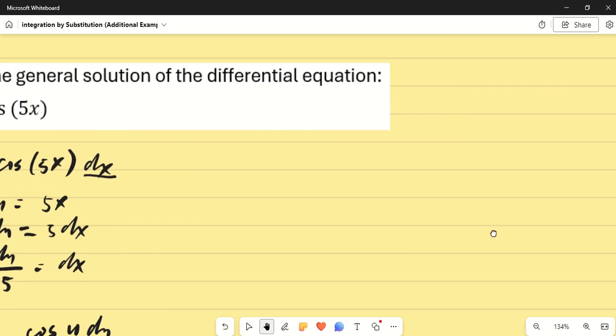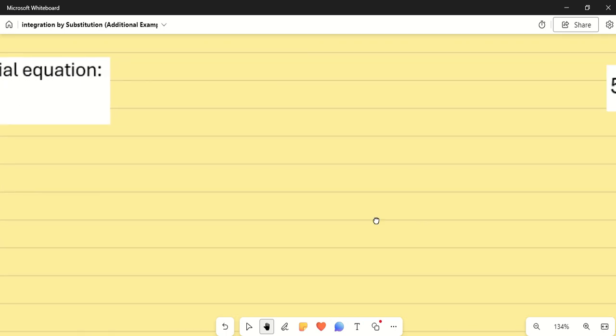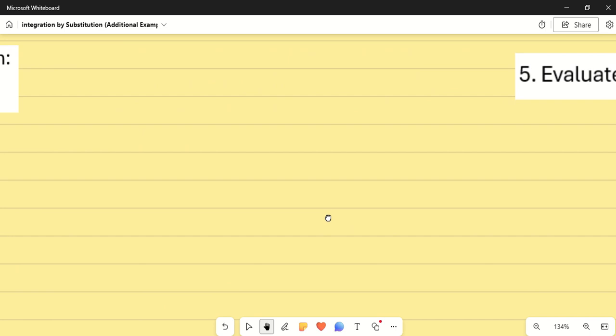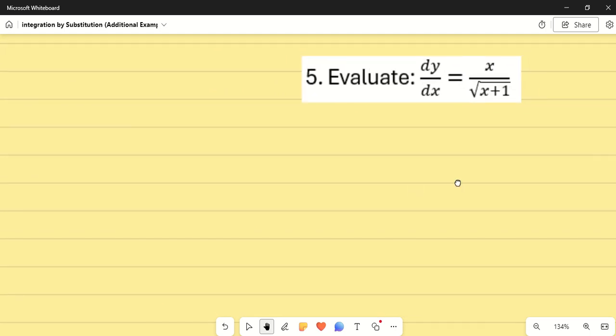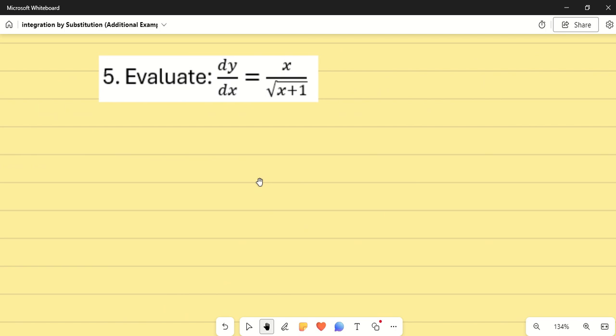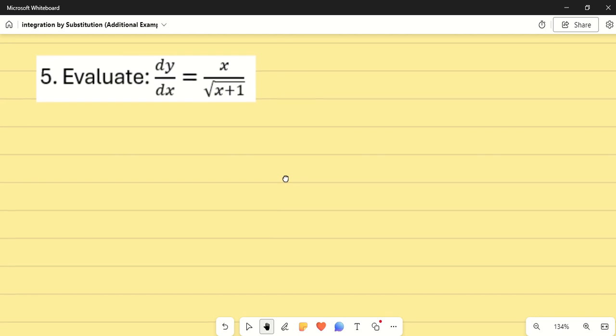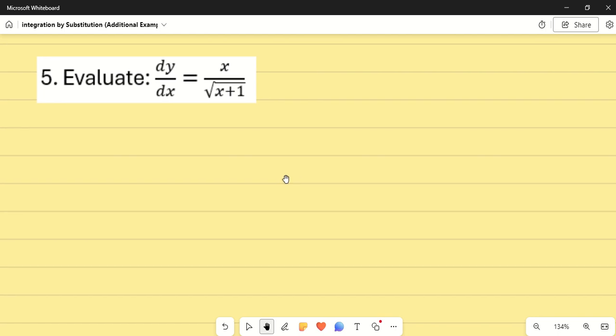Okay, so again, we have here the differential equation dy over dx is equal to x over the square root of x plus 1. Okay, so again, we are asked to find the general solution of this differential equation dy over dx is equal to x over square root of x plus 1.